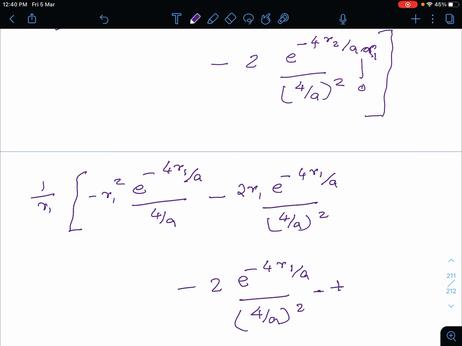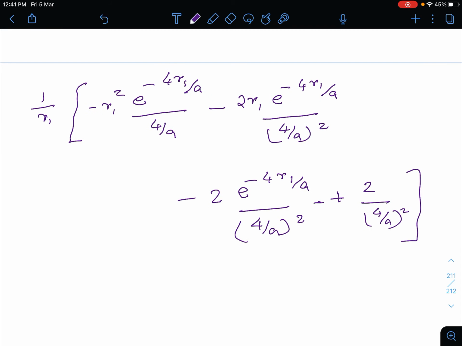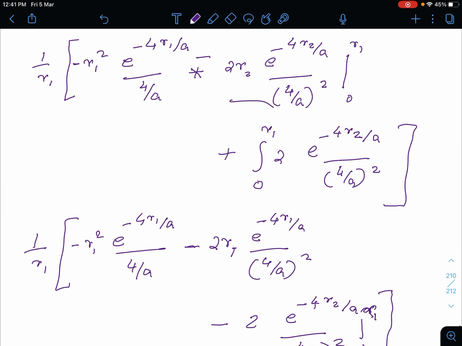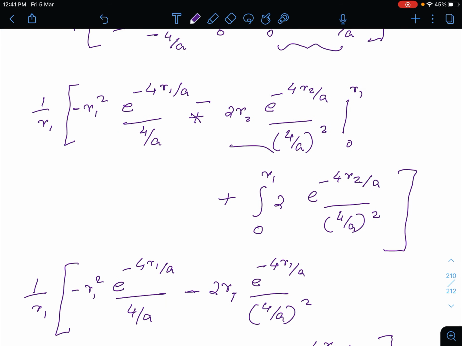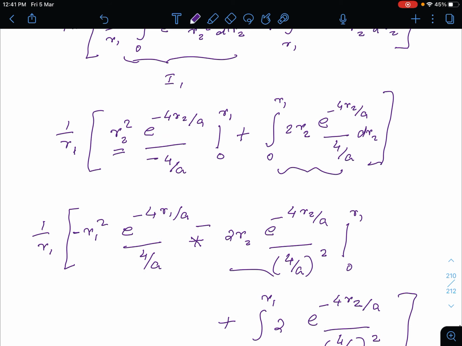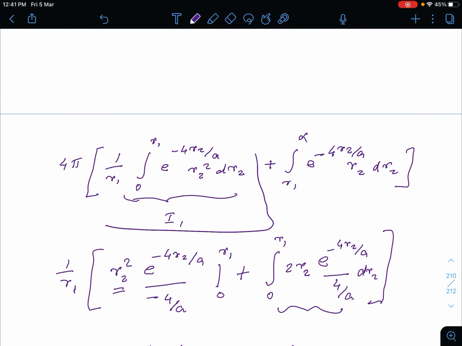So if I apply the lower limit, it becomes 2 e raised to 0, that's 1, divided by 4 by a whole square. So that is the first integral which we have done.